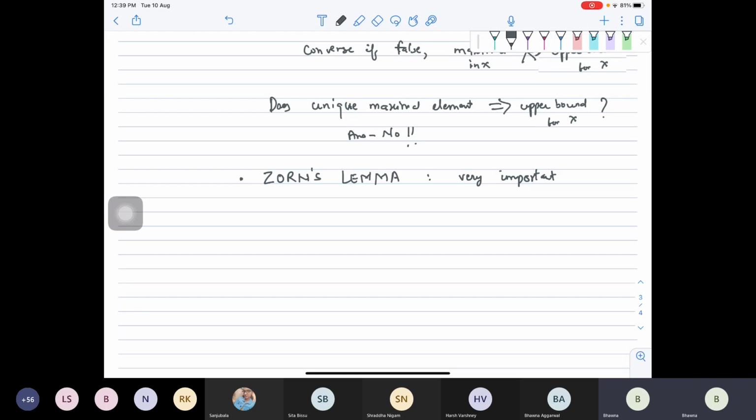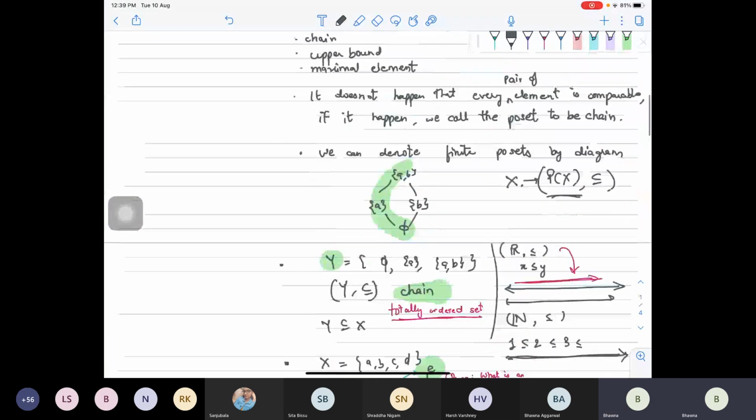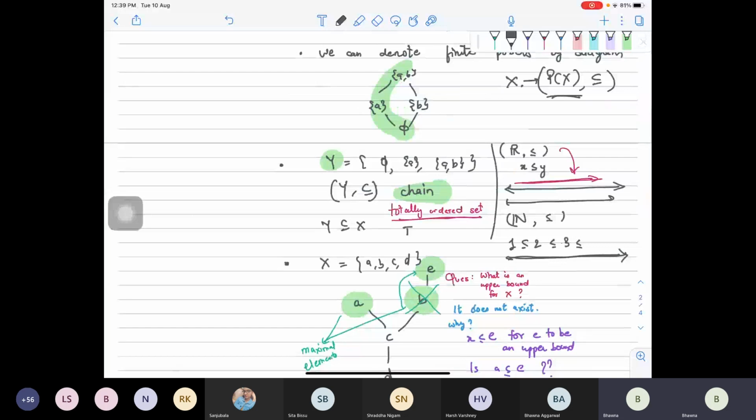Okay, what did Zorn's lemma say? Zorn's lemma says that if every chain, we can also say chain to be a toset, totally ordered set, toset.